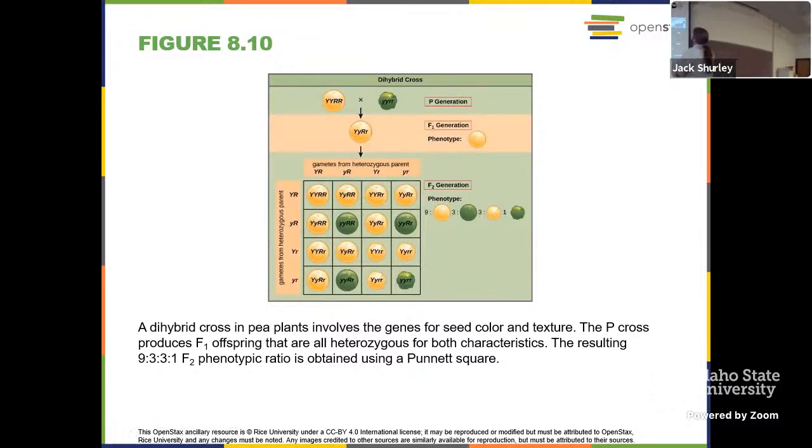So in this case, we're looking at a dihybrid cross. So pea color, yellow and green, and we're also looking at the shape, round and wrinkled. And as it turns out, we already know that the yellow is dominant, but the round is also dominant to the wrinkled.